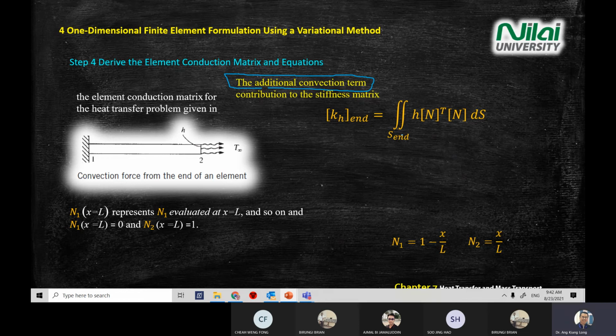You integrate two times to get the surface, because one is integrating in the x direction, one in the y direction. So dy dx, you get area, okay? Because the surface is area. So h is the convection coefficient, N is the form factor given on the screen here. One is transpose, one is without transpose.